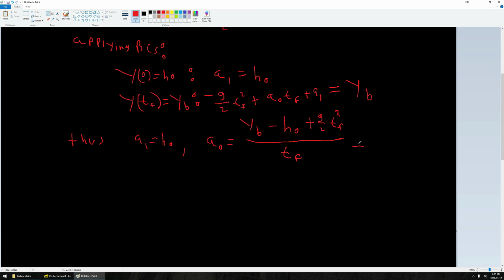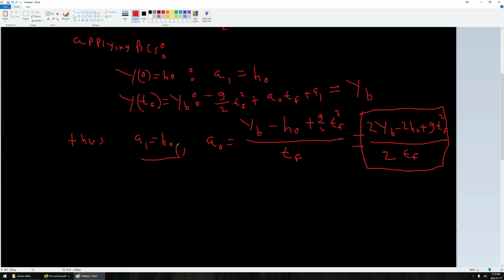I could rewrite this whole thing as y sub b multiplied by 2 minus 2h naught plus g tf squared, all divided by 2tf. So this is what I need my coefficient to be for this term, and this is what I need my coefficient to be for a sub 1. So I need to satisfy this thing here.